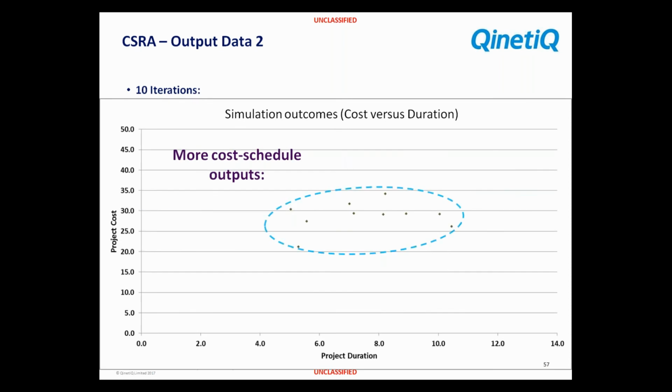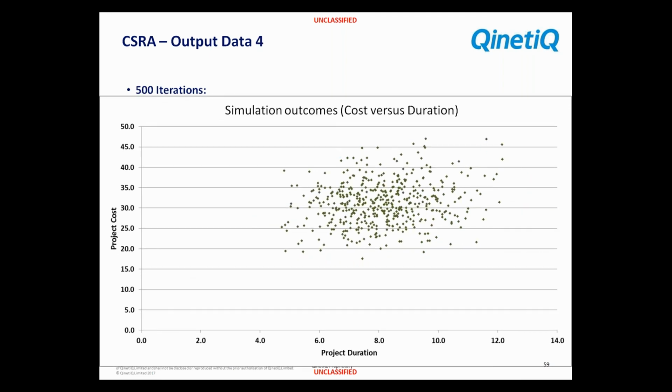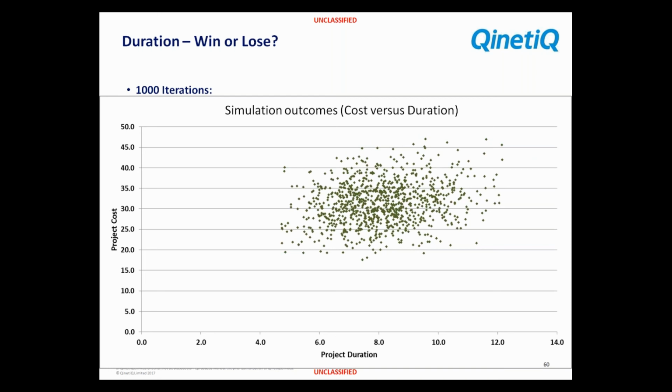If we let the model run and we have a few more iterations, we can add 10. We start to get a pattern. We add 250 iterations. Now we have something which we are beginning to understand. 500 iterations, and we're beginning to really get the picture. And at 1,000 iterations, we've got quite a big cloud.